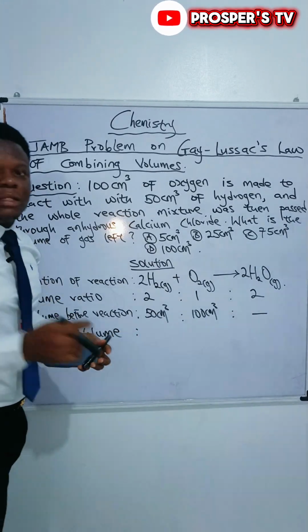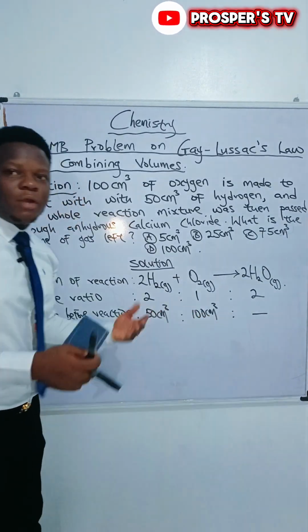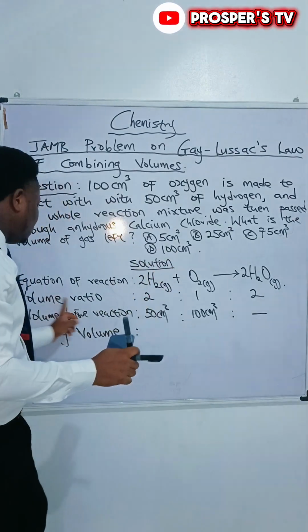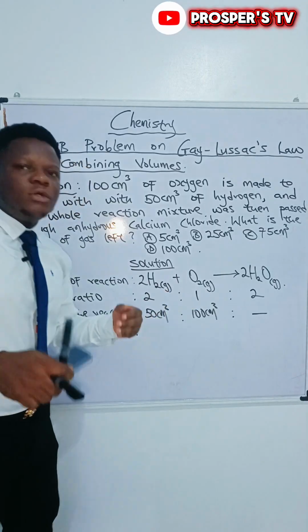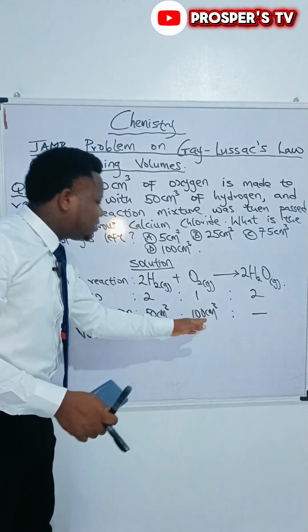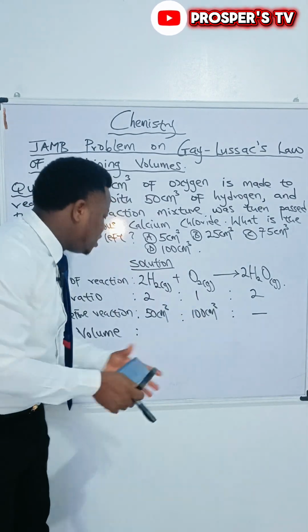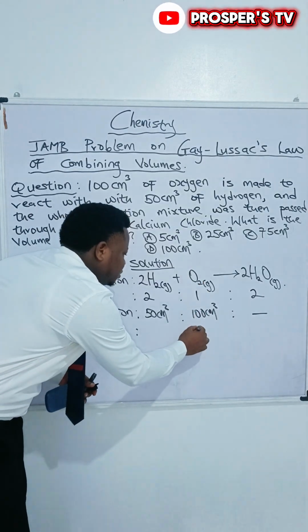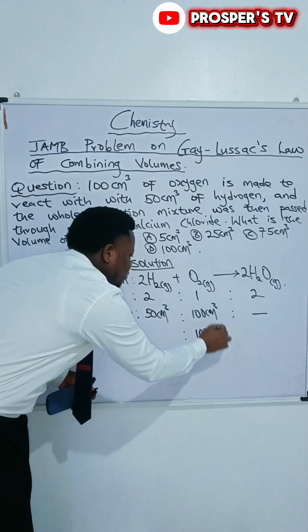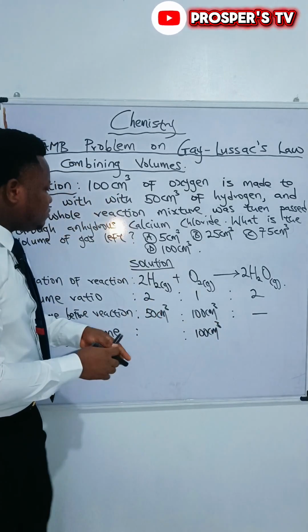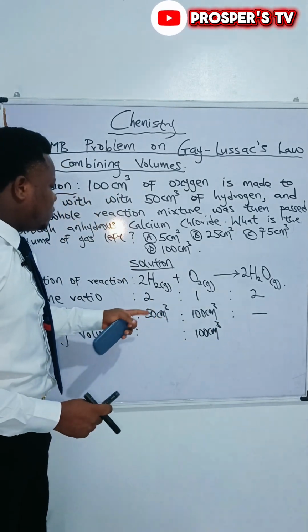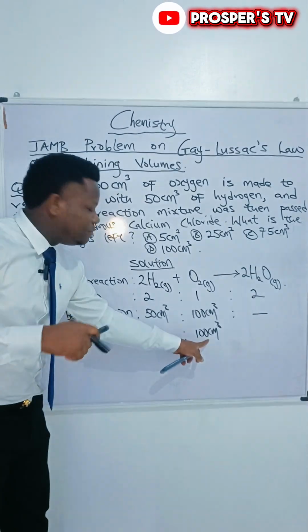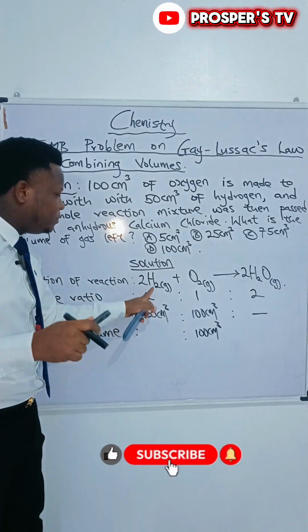Now, what do we mean by reacting volume? This is what you brought for the reaction, but reacting volume talks about the volume that would actually react according to our volume ratio. If we bring this 100 cm³ down as the reacting volume for oxygen, remember, according to our ratio, whatever volume of oxygen is reacting, we have twice that volume of hydrogen reacting.